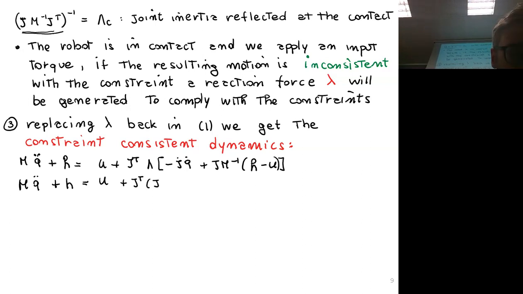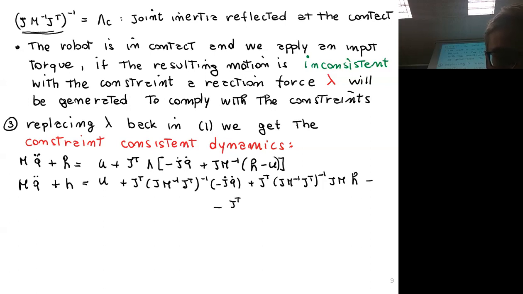We replace the expression of lambda capital, which is this one: J minus 1, J transpose minus 1, J M minus 1, U. Now, don't be afraid. This seems ugly, but it's not that bad.